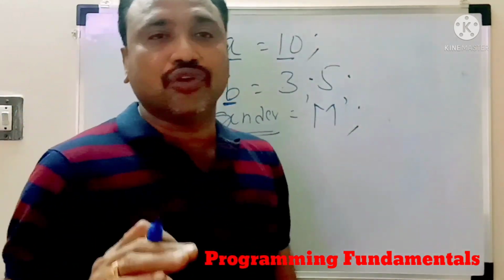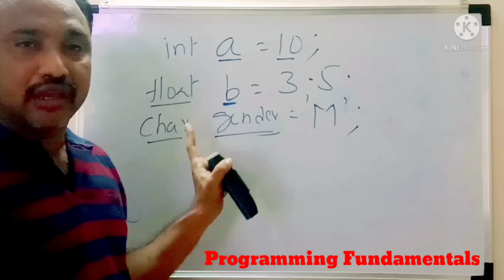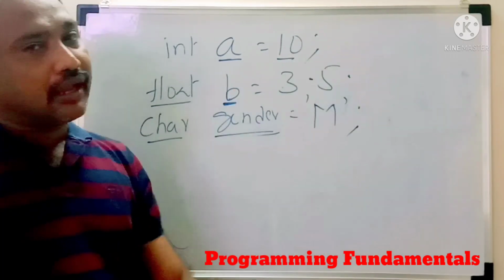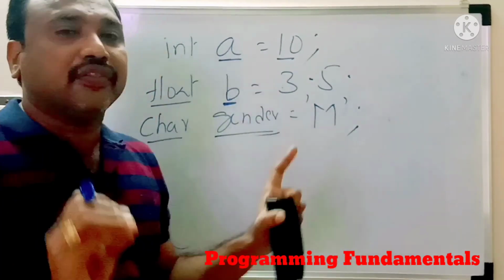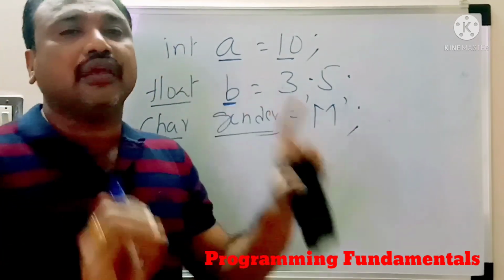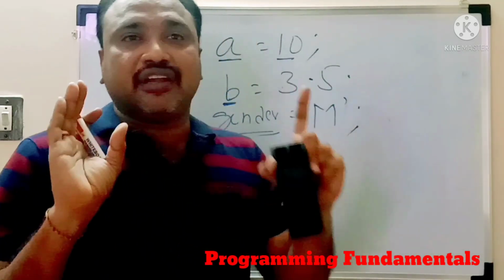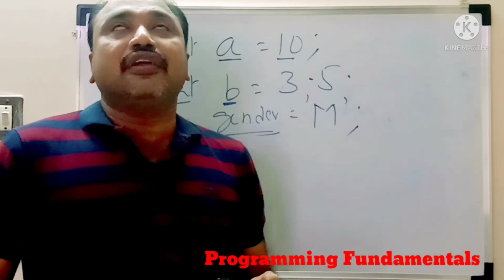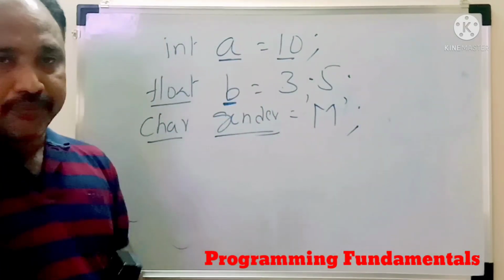If you are going to use alphabets, specify it using the char keyword. In a coming video, I will do a separate video on data types. Until then, wait. But int, float, char are referred to as data types. Their purpose is to specify the type of data used in the program.